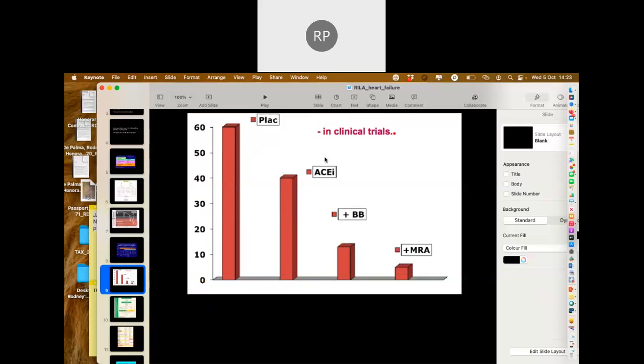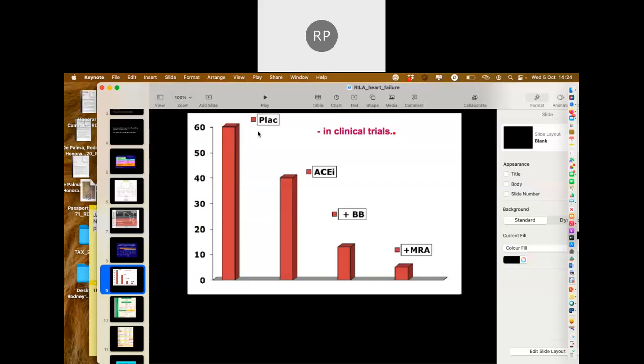And as I've mentioned, the medical therapies for heart failure have improved significantly based on multiple randomized clinical trials. And I just put here, this is an early slide, just showing on the vertical axis you have mortality, and I think this is at 3 or 5 years.